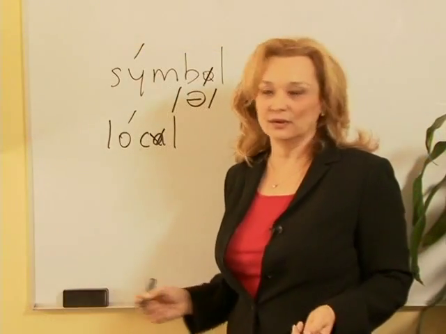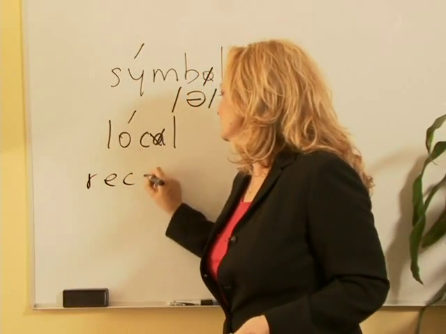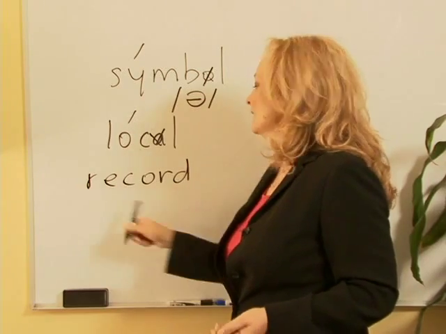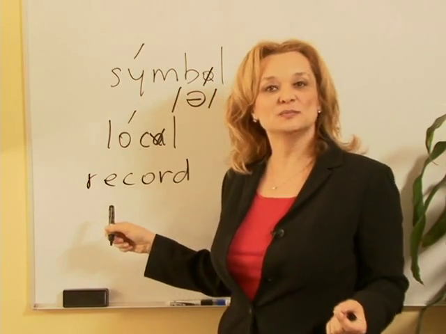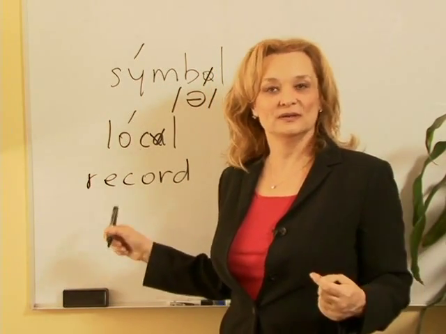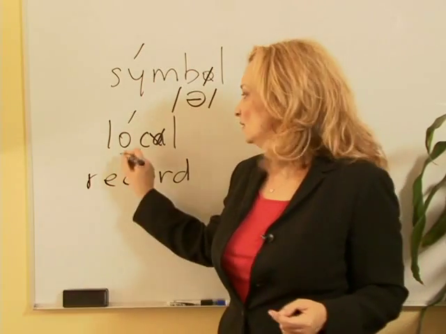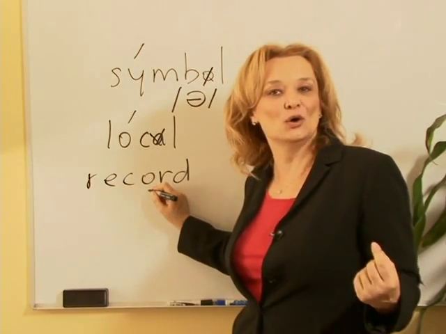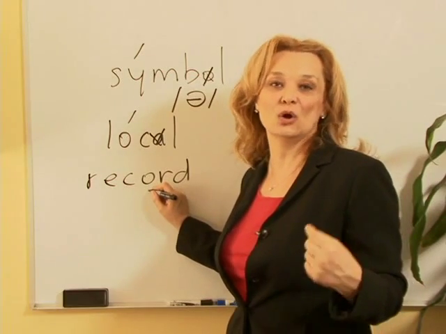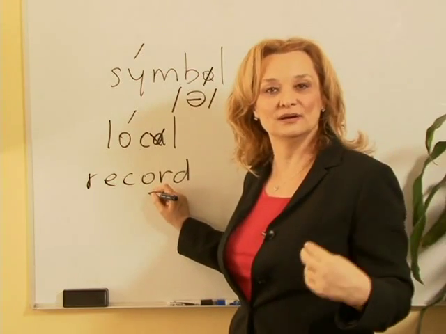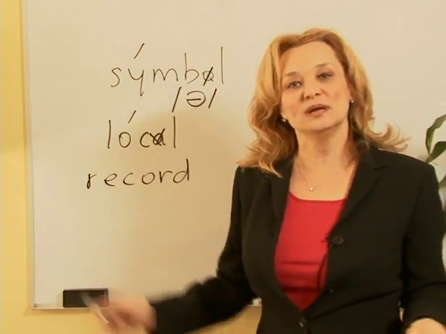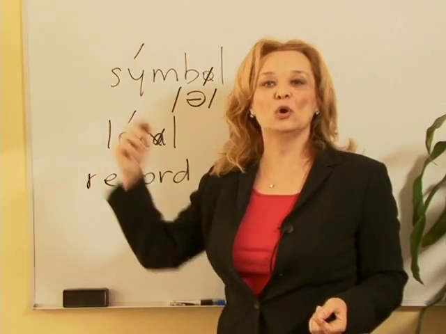Let's look at another word. This word, if it's a noun, it's pronounced as record. The first syllable is stressed. This O changes. So it's not O, it's uh. If it's a verb, this word is pronounced record.